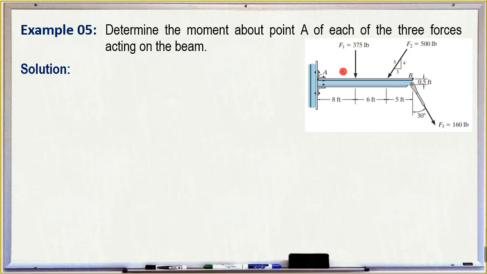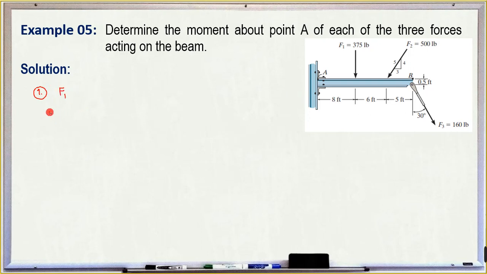So for your information, the goal here is to find the resultant moment of these three forces about point A. We start with F1, the first one.